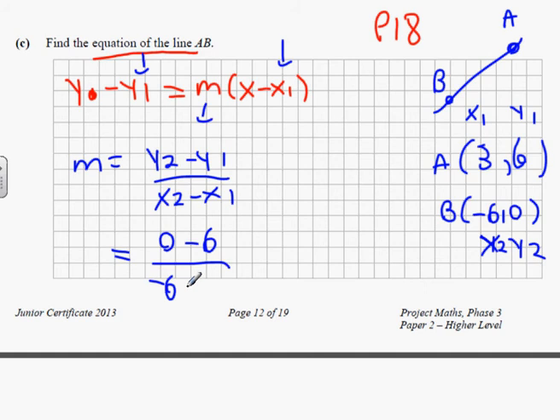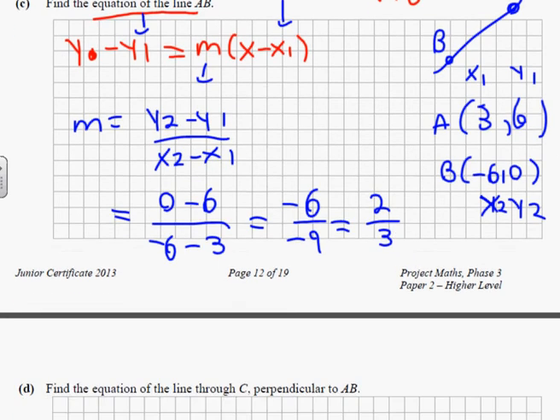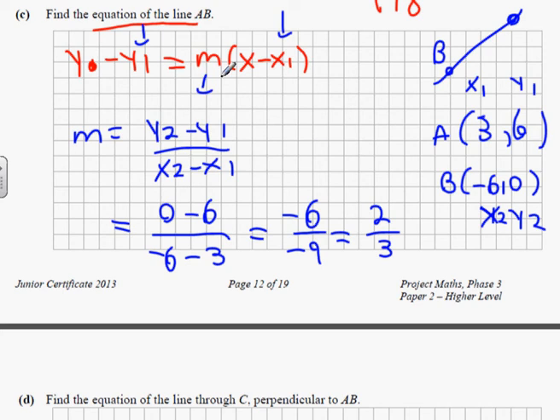Minus 6 minus 3. So minus 6 divided by minus 9, which turns out to be 2 over 3. 2 over 3. Still have to finish off this. Higgins, you have a question?